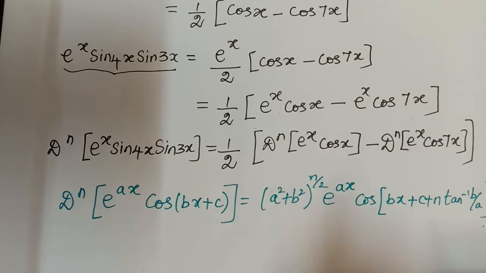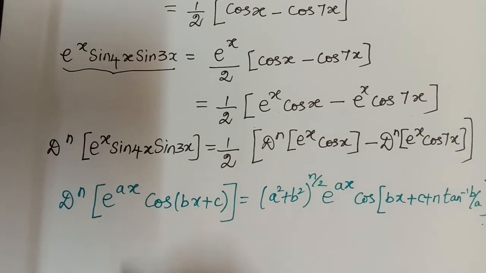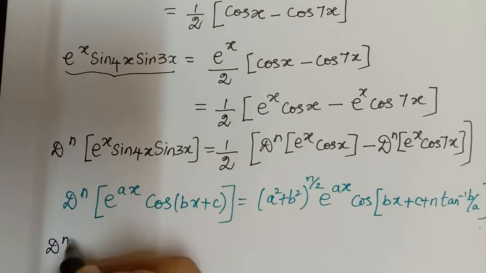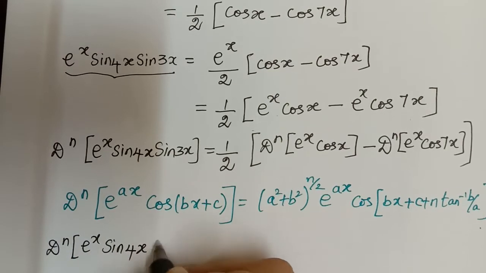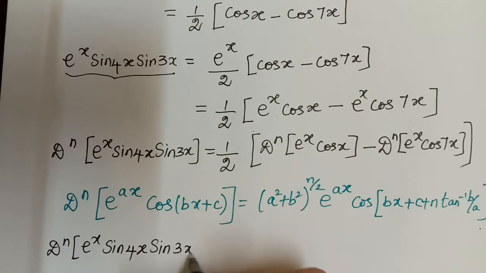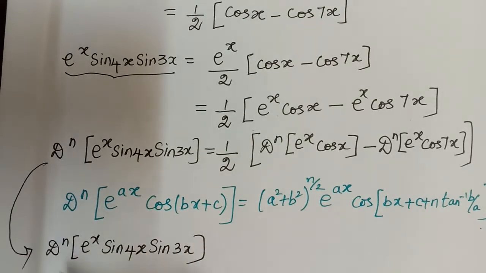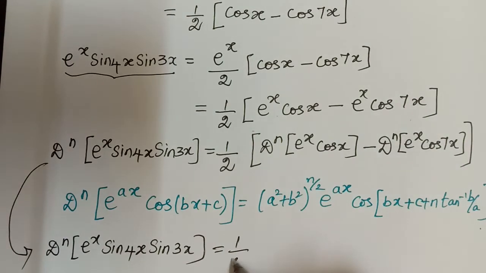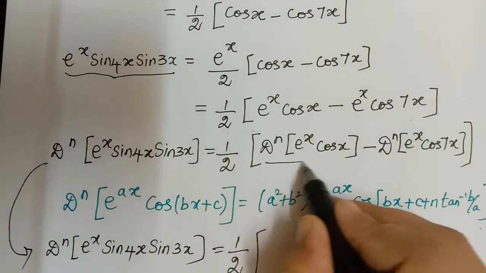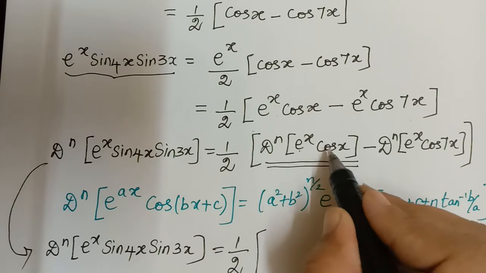So when we use that, the nth derivative of e power x sine 4x sine 3x will be equal to 1 by 2 of the nth derivative of e power x cos x.